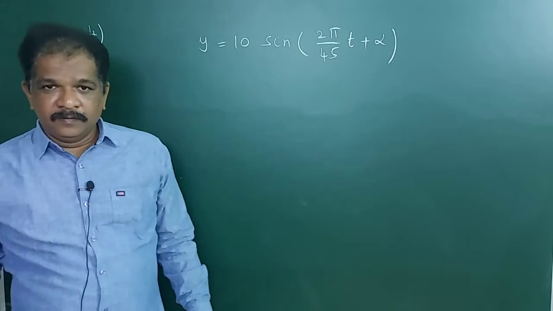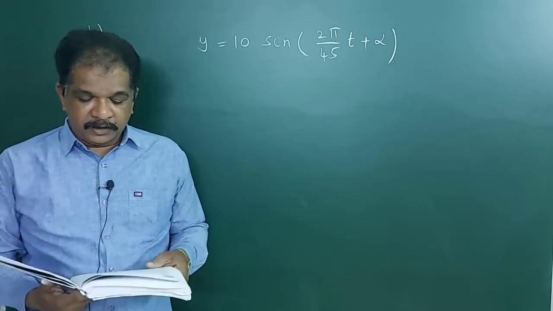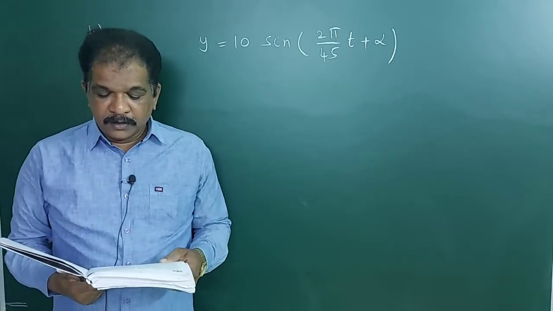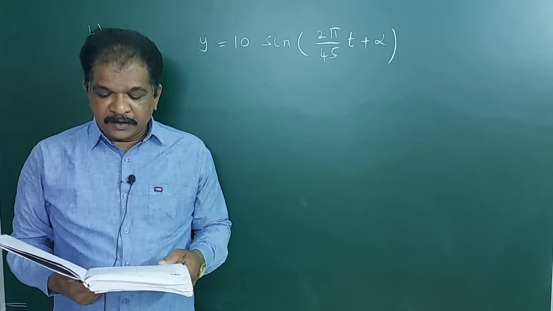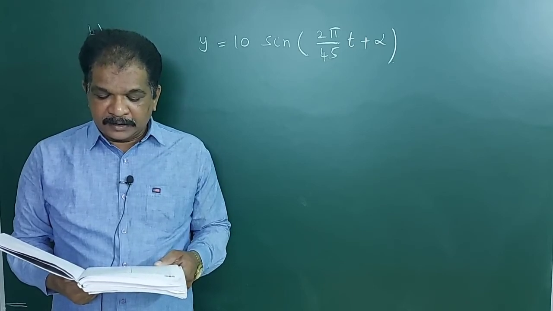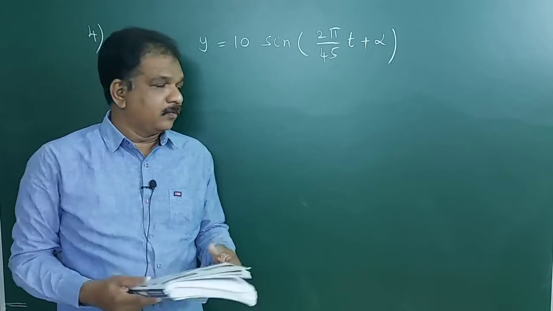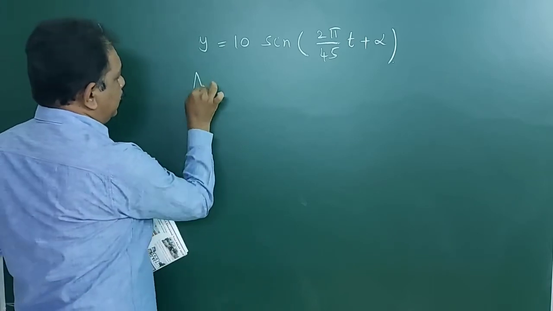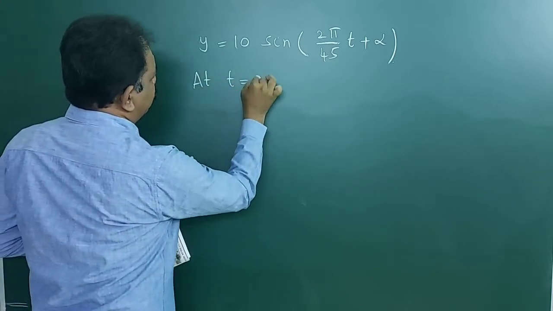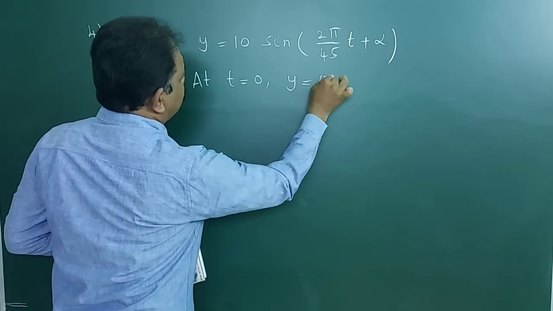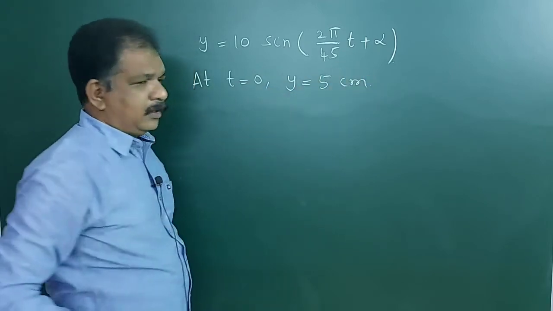They gave one simple harmonic equation for a progressive wave. Displacement is 5 centimeter at t is equal to 0. At t is equal to 0, y is equal to 5 centimeter.